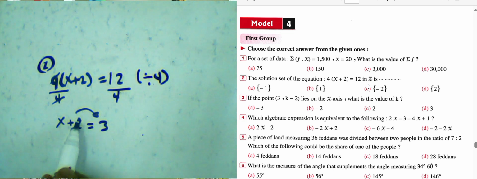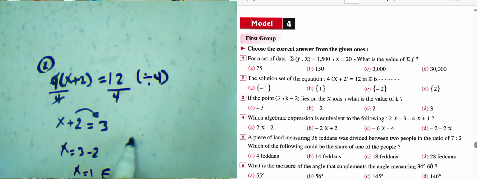You must move 2 from the left hand side to the right hand side to find the value of x equals 3 minus 2, then x will be equal to 1. 1 belongs to Z, then the solution set will be 1.